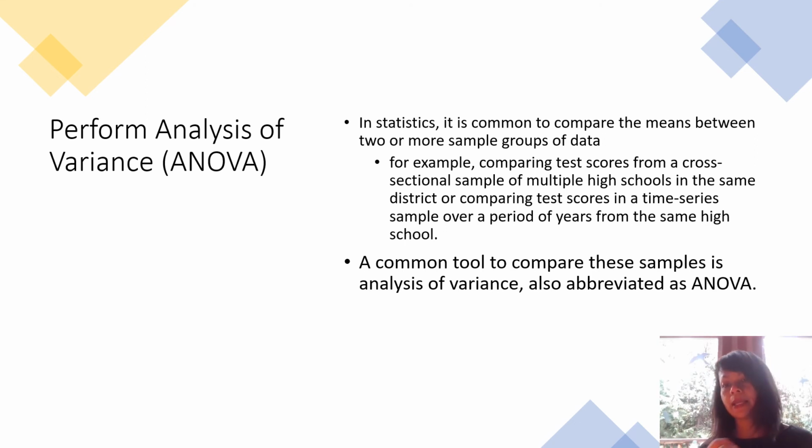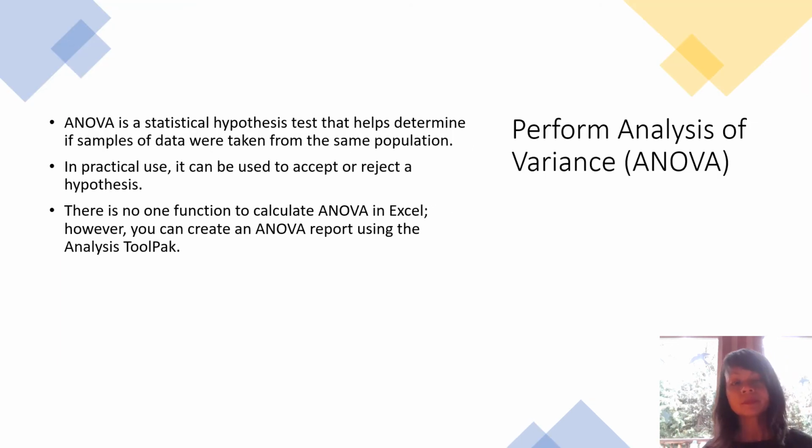So different sample sets, same test. A common tool to compare these samples is analysis of variance, also abbreviated as ANOVA. ANOVA is a statistical hypothesis test that helps to determine if samples of data were taken from the same population. In practical use, it can be used to accept or reject a hypothesis.